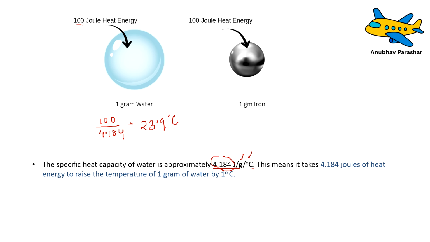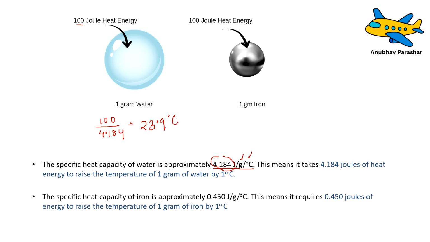Similarly, if we talk about iron, the specific heat of iron is 0.450 joule per gram per degree centigrade. So if we supply 100 joules of energy, it is going to be 100 divided by 0.450, which comes out to 222.